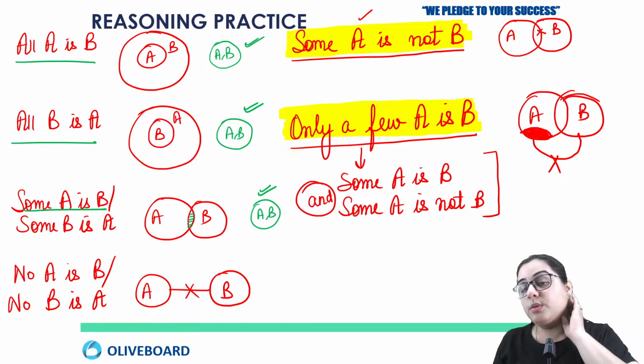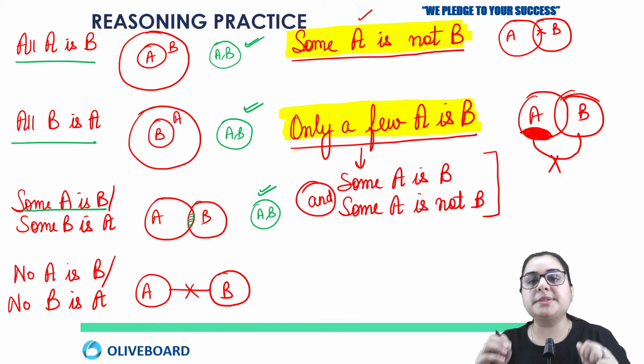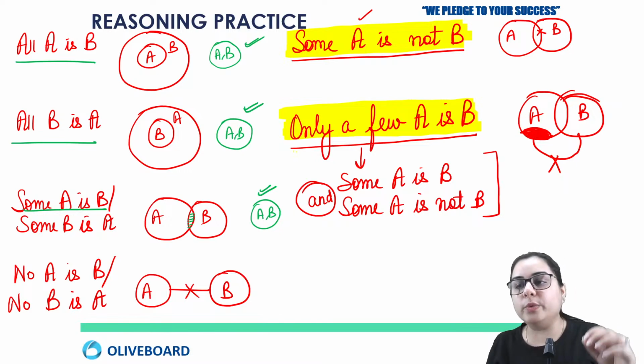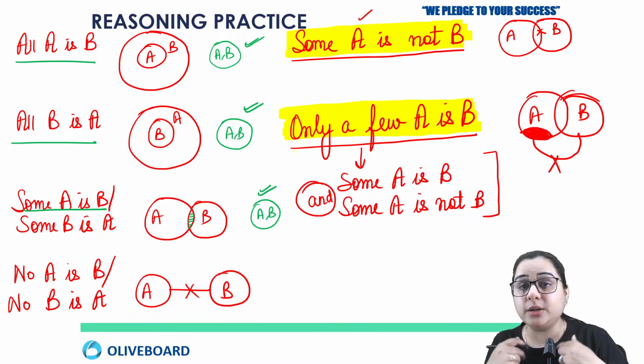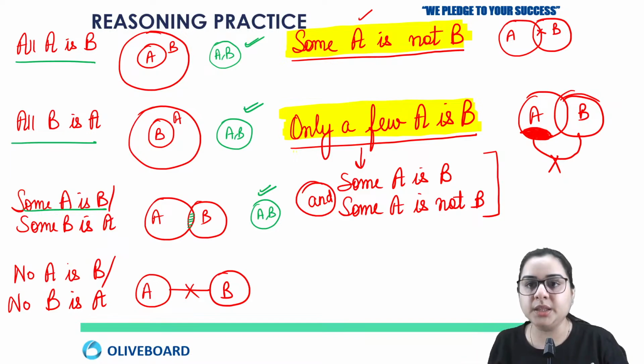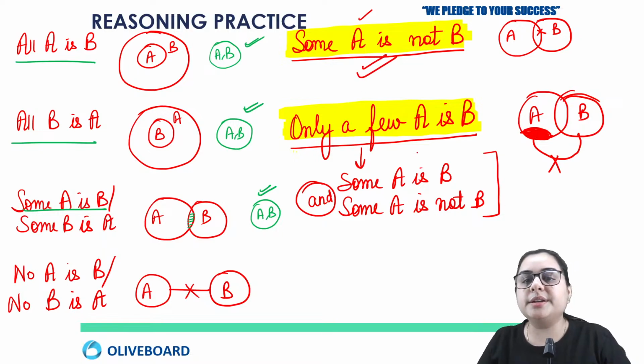So how do you distinguish between these two statements, some A is not B and only a few A is B? When I say some A is not B, I don't say some A is B, I just say some A is not B. There is no certainty that some A is B in the first statement, but there is a certainty of some A is B in the second statement. So this makes these two statements differ from each other.